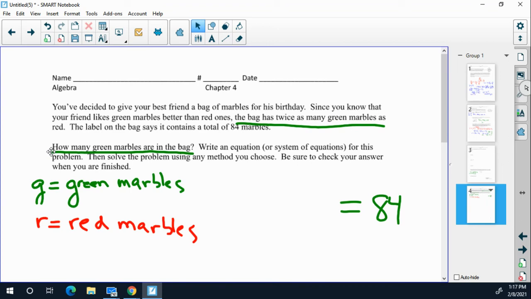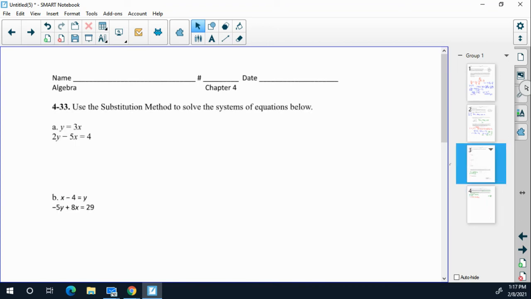Okay, let's go back to page 3. Look at those carefully. See which two you would like to do together and the other two. So those two on here and the one on the back are going to be your homework, and that's it. Okay, pick one, Jackson. That we're doing together?